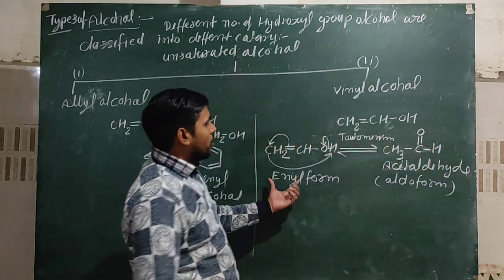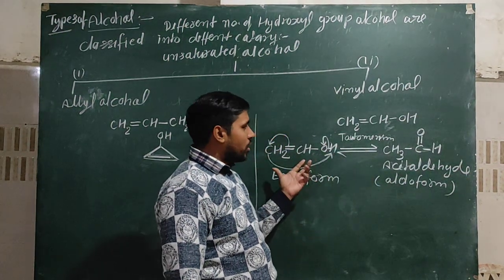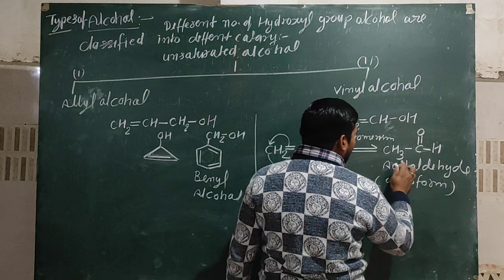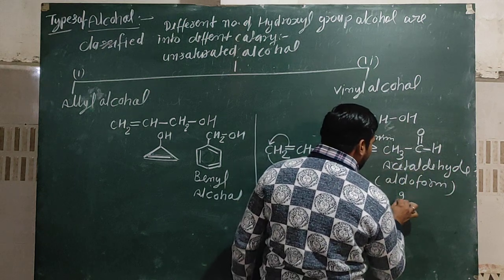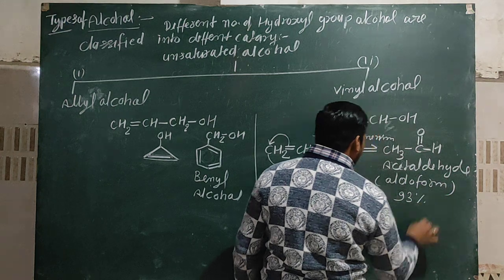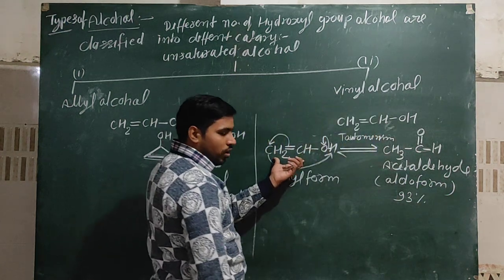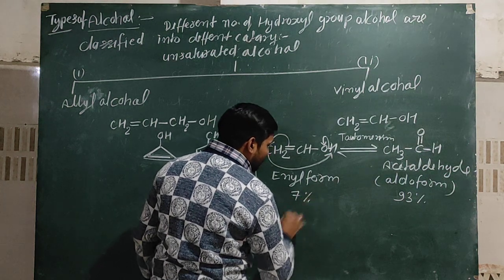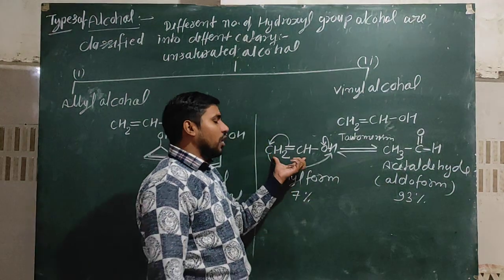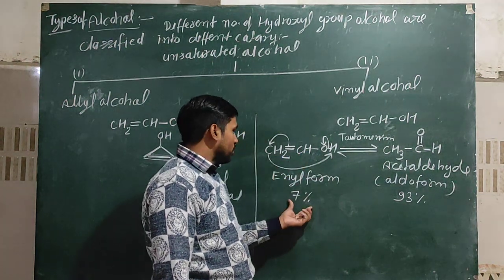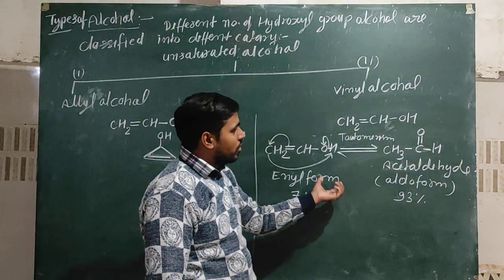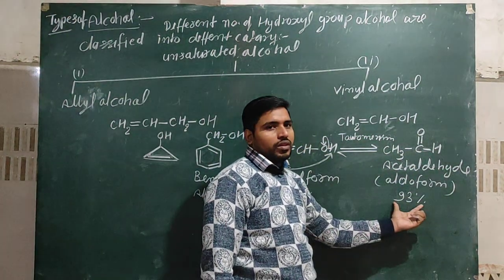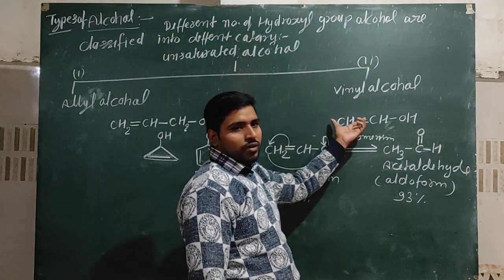So the enol form and aldo form both occur, in which the aldo form, meaning the acetaldehyde form, is about 93%, and the vinyl alcohol form is only 7%. Actually these are formed for a very short time, in which they are converted into acetaldehyde which forms 93%, and hence these are unstable alcohols.